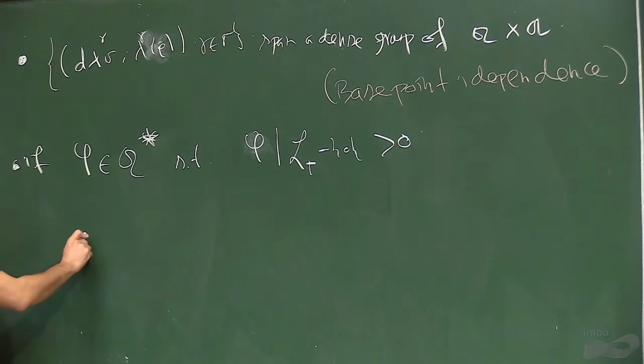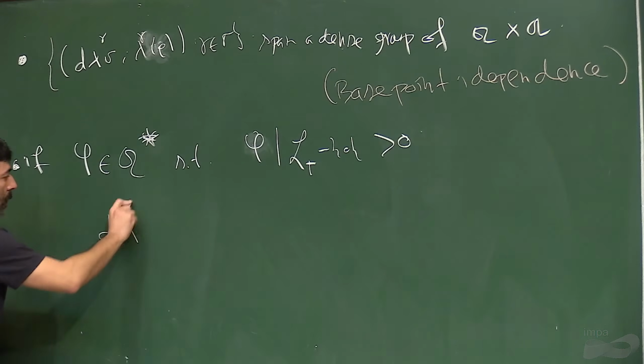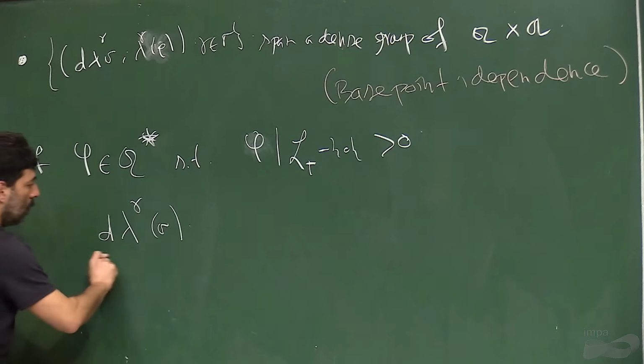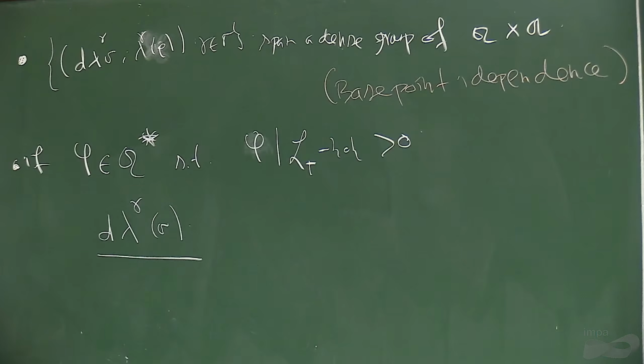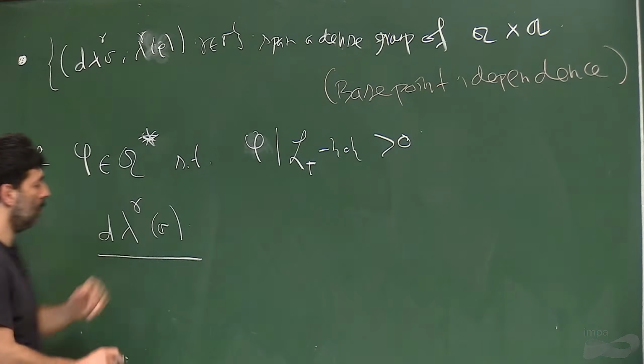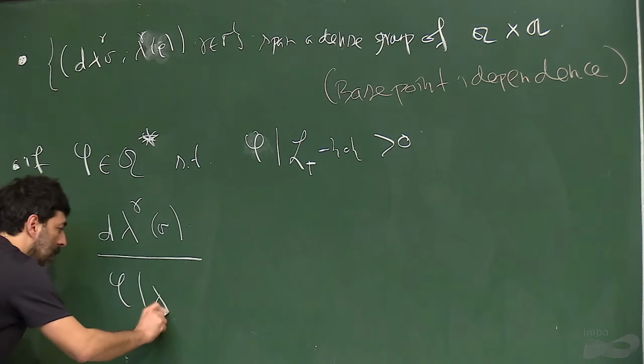Then what I'm going to do, I'm going to normalize. Instead of considering directions, for each of these directions, I'm going to pick one particular element of this half line, and it's going to be related to this length.